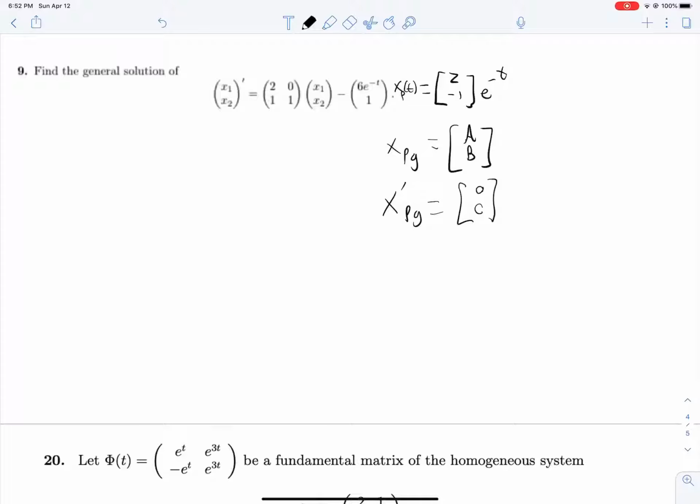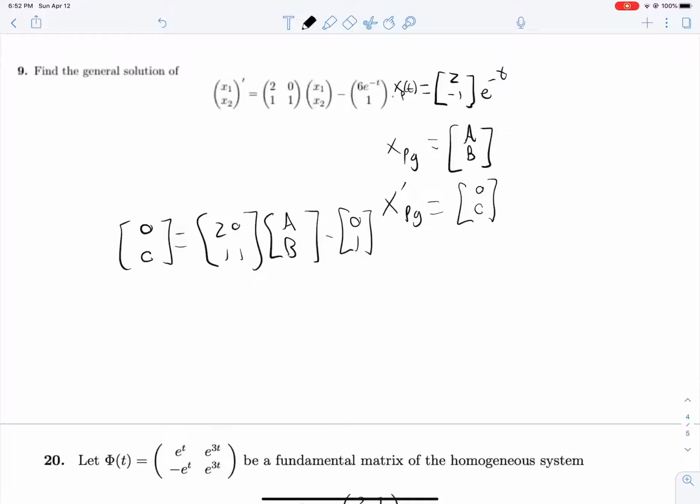And plugging this in, we see that 0, 0 is equal to 2, 0, 1, 1 times a, b minus 0, 1, because we are completely ignoring the existence of the 6e to the negative t because we have already figured out its contribution to xp.